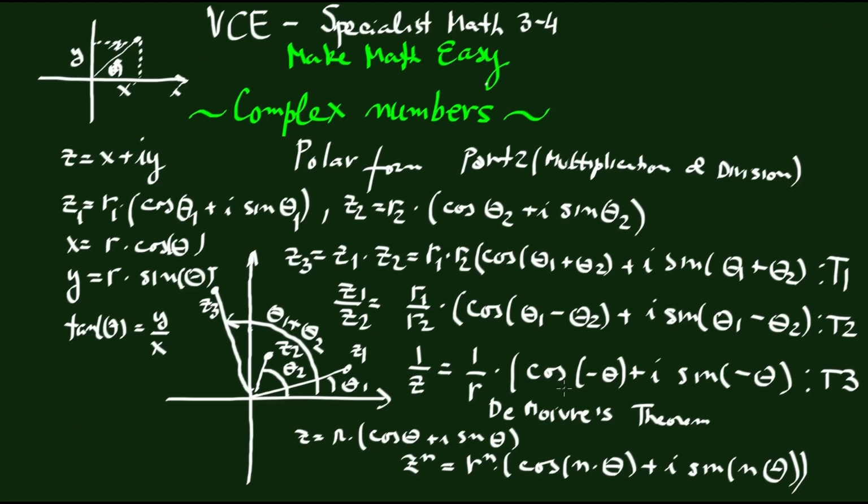And that's for any n that belongs to the set of Z. So n is an integer, positive or negative. So any integer, so it could be minus n or minus theta.